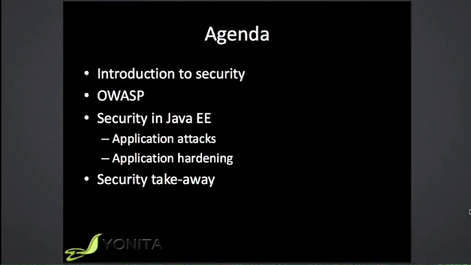Then we move to security in Java EE. I will show you several attacks and how to harden your application and make it less vulnerable to various security vulnerabilities and attacks according to OWASP. And we end up with some security takeaway for you for the future.